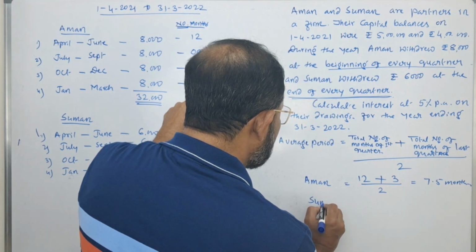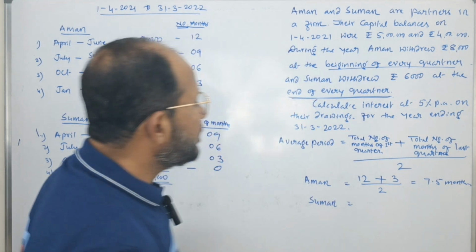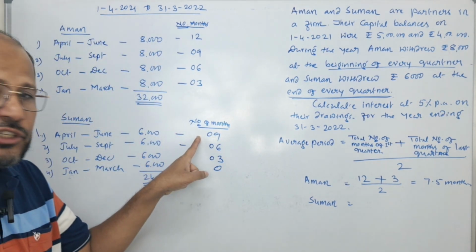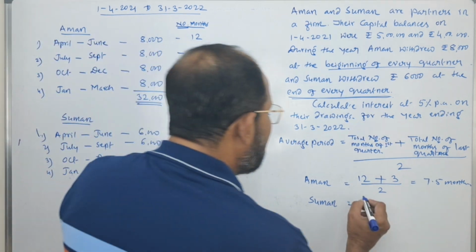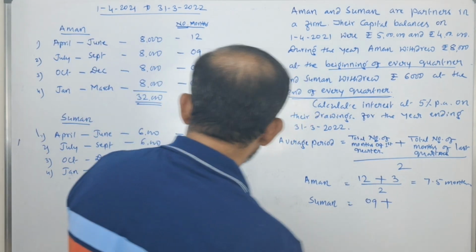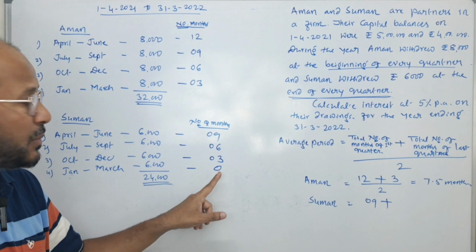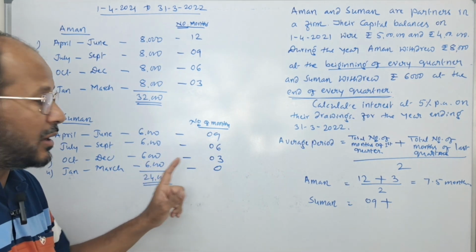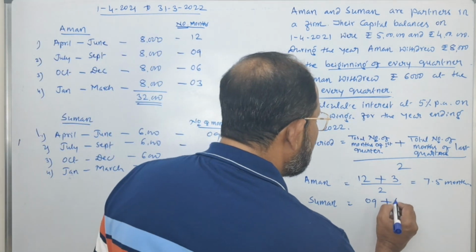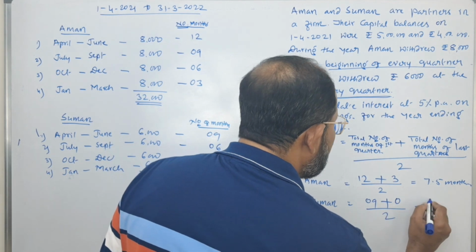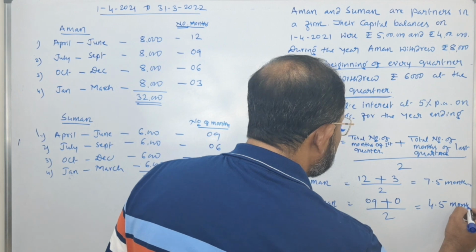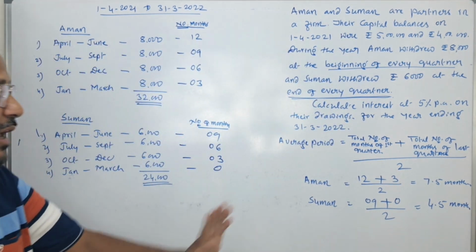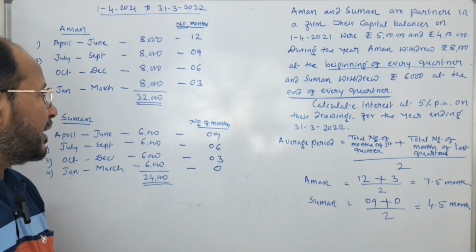Next one is in case of Suman, what is to be done here? Total number of months for which interest is to be calculated on his first withdrawal or first quarter, how many months? 9 months. Plus the number of months for which interest is to be calculated on his last withdrawal or last quarter is 0 here, divided by 2. That is why we get here 4.5 months as his average period. Okay, this is the way how average period is to be calculated.